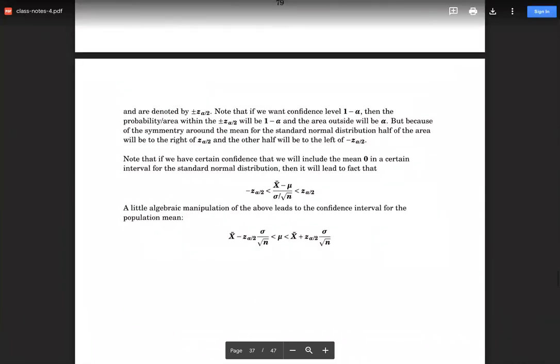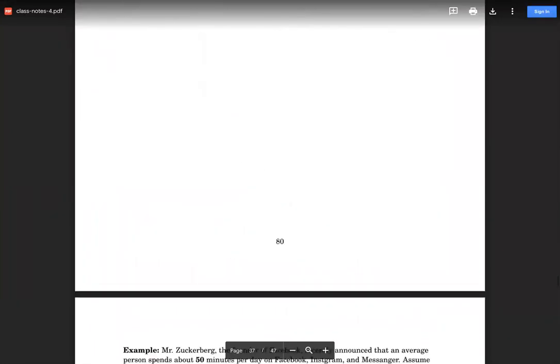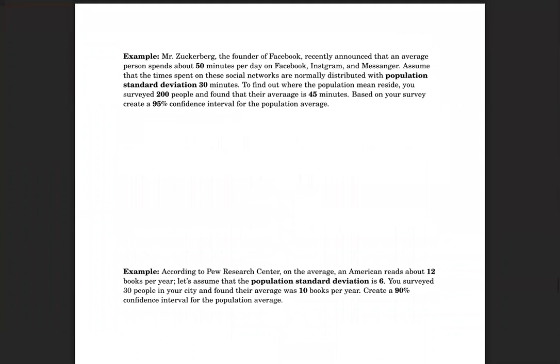And here, problems are a little bit easier. Your X bar will be something given, and Z sub alpha over 2 you will find, right? And your margin of error E hat is very easy.